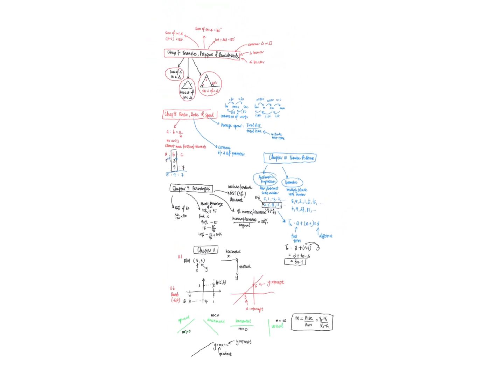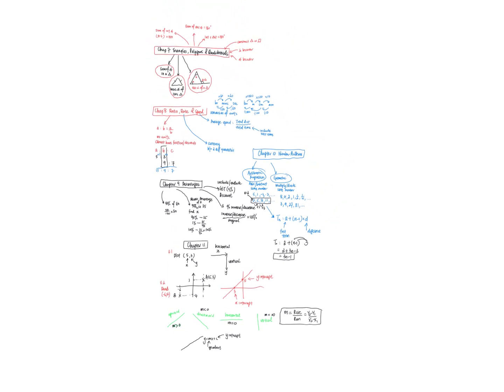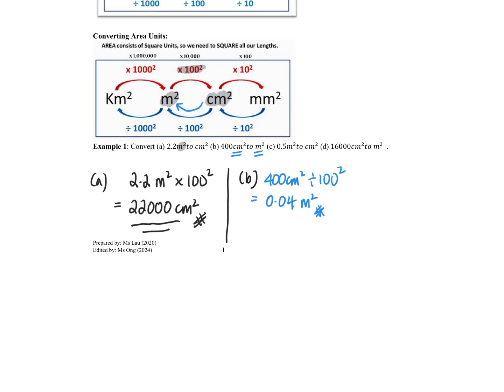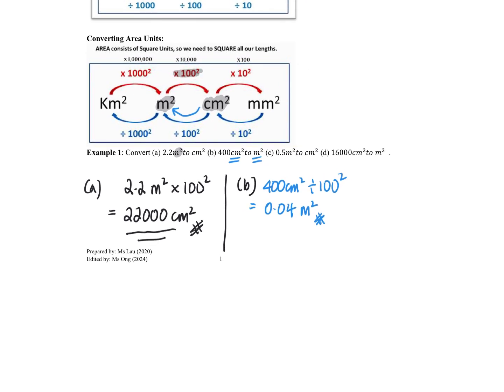Okay, if you need a soft copy, so you should get 0.04 meters squared. Screen down, screen down. Use the hard copy. No need, no need.